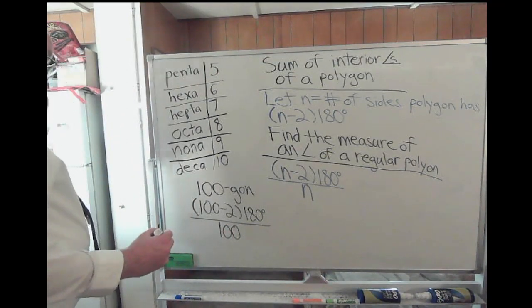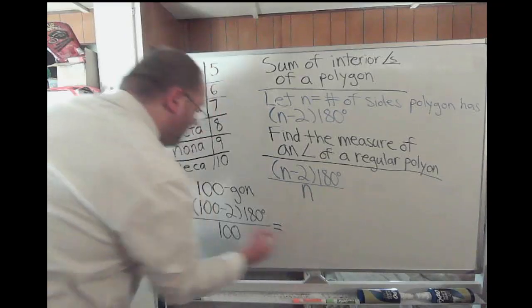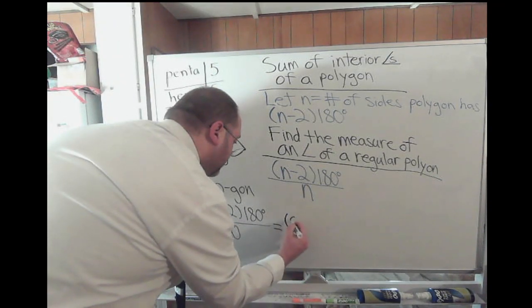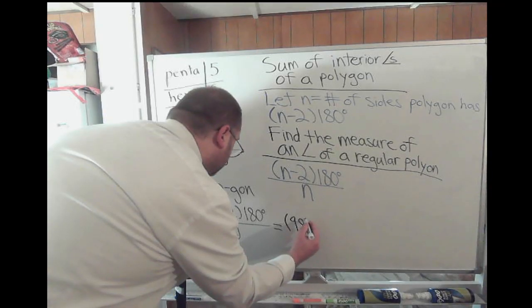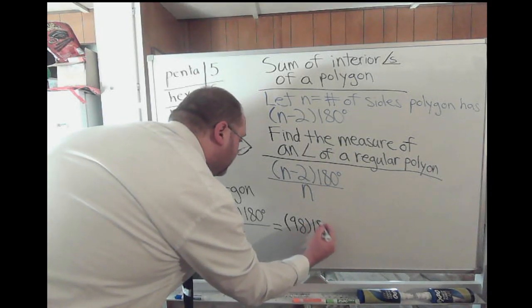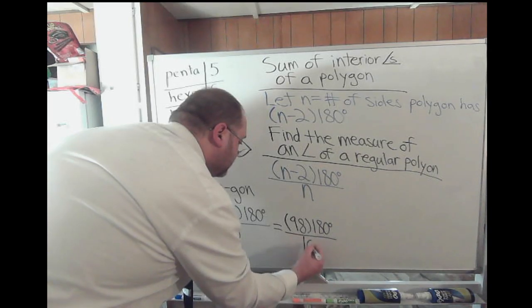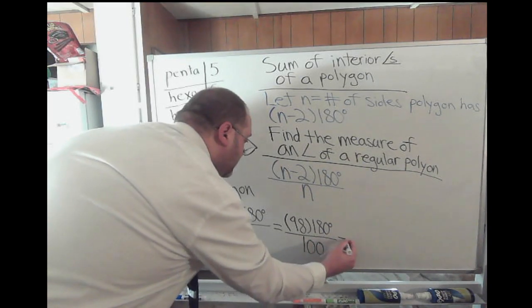Okay. So in the numerator, 100 minus 2, that's 98. That'd be 98 times that 180 degrees. All over 100, because the number of sides is 100.